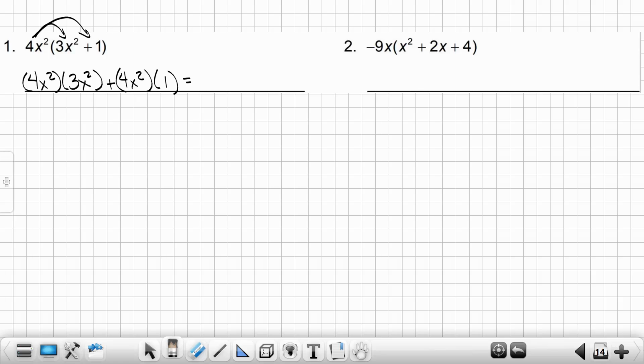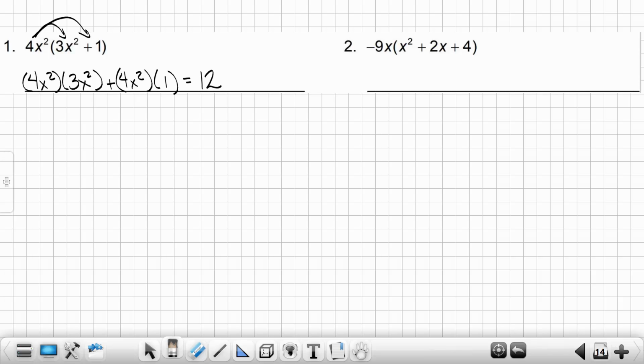4 times 3, 12. X squared times x squared. When you multiply variables with the same base, Raymond said it.